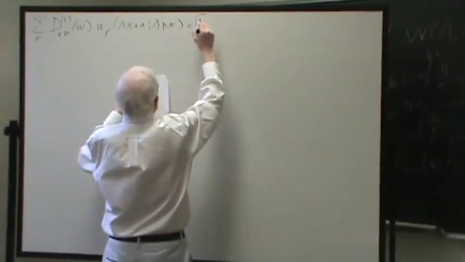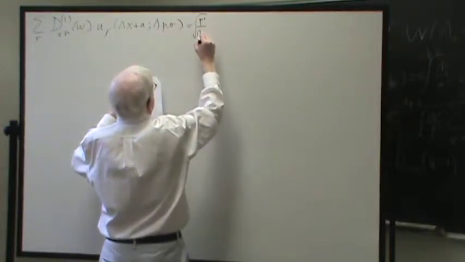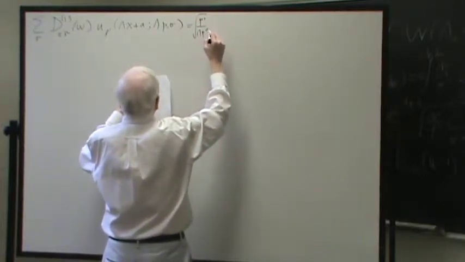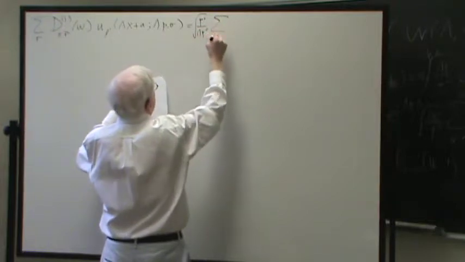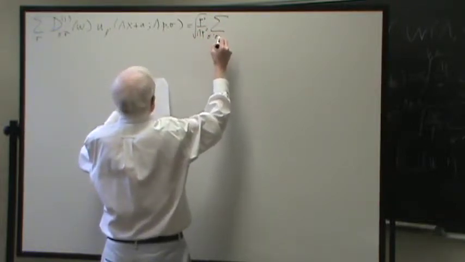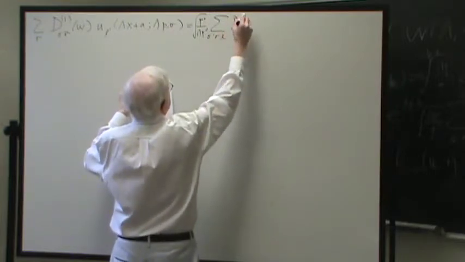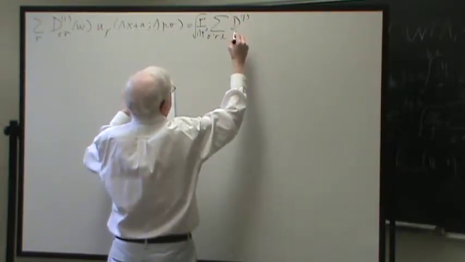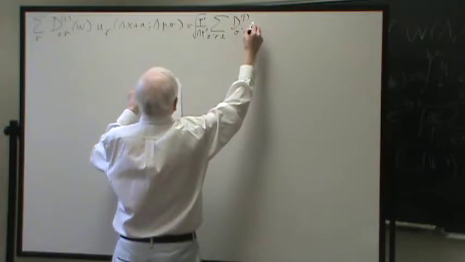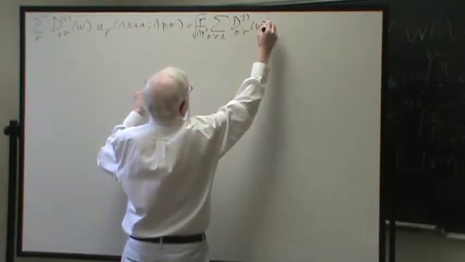It's square root of p0 over λp0, and now it's a sum over σ', σ and l, D^j_{σ'σ}(W^{-1}).